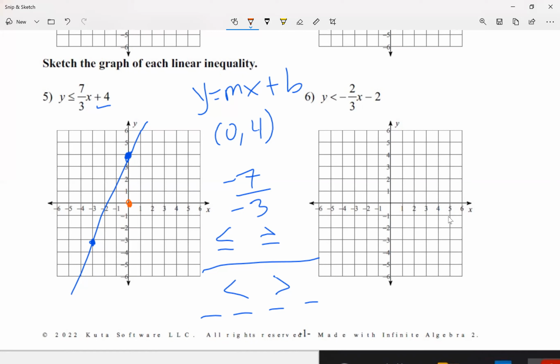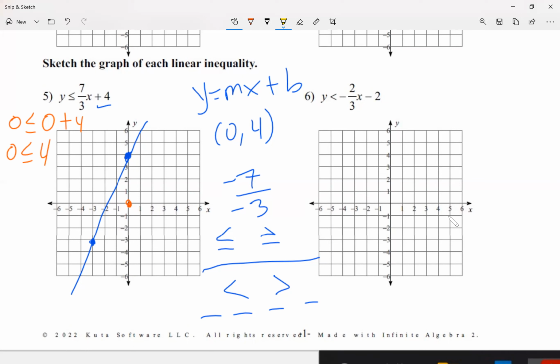So I have 0 is less than or equal to 7 over 3 times 0 plus 4. Notice how 7 over 3 times x becomes 0, because when you multiply by 0. So I have that 0 is less than or equal to 4. It is a true statement. So that means that that side works.